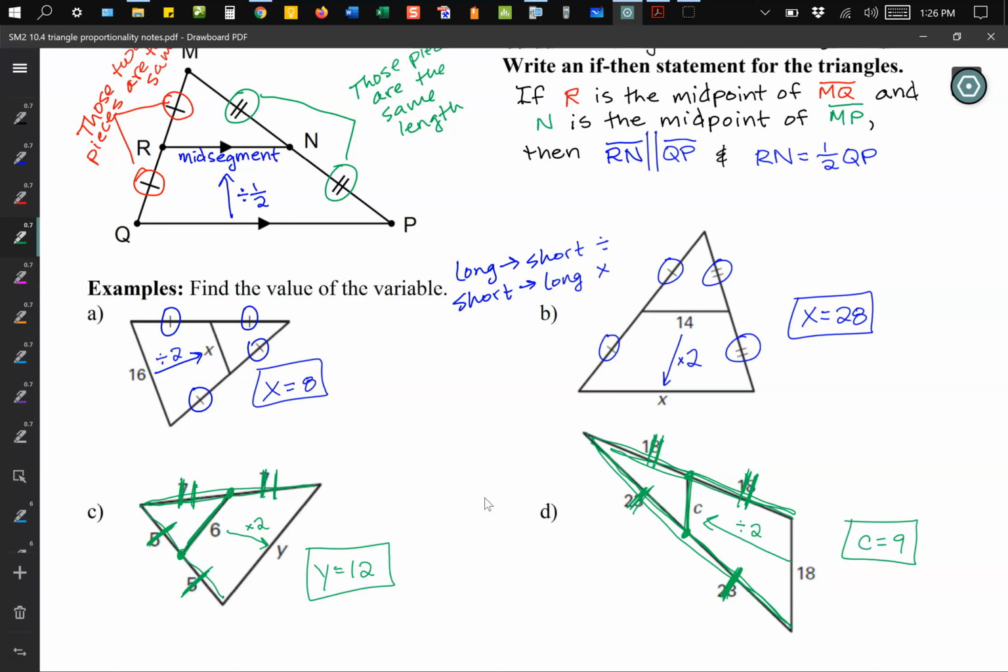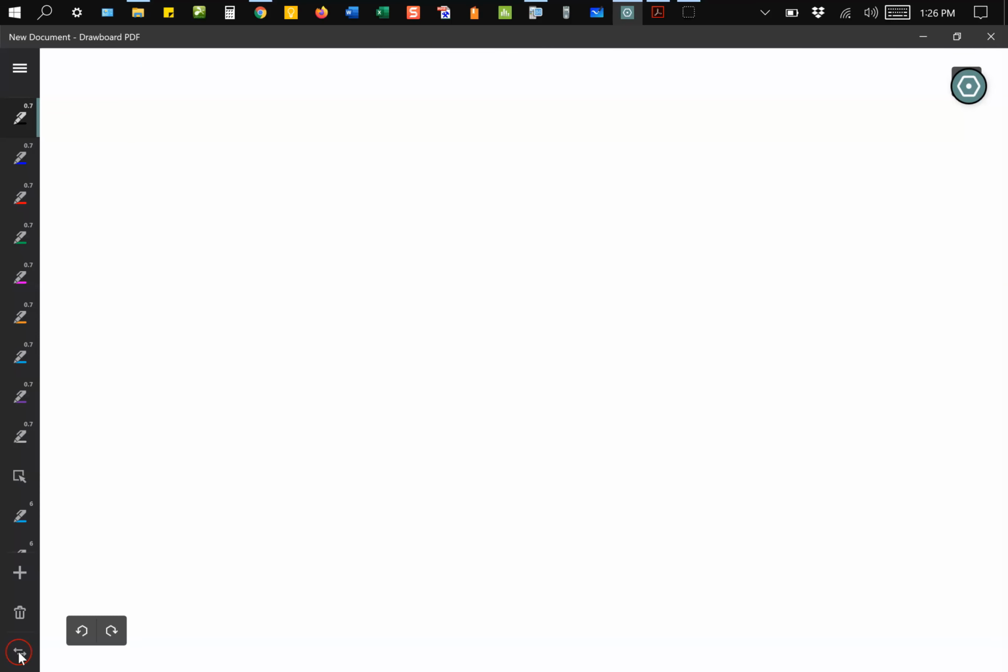I want to show you one more type of problem that is similar to what you might see on the homework, because I always get questions on it and I know someone will ask. Let's say you have a triangle and you're told that that's a midsegment in there.